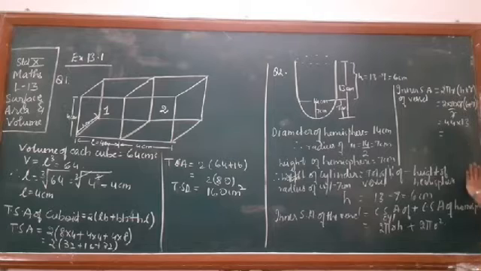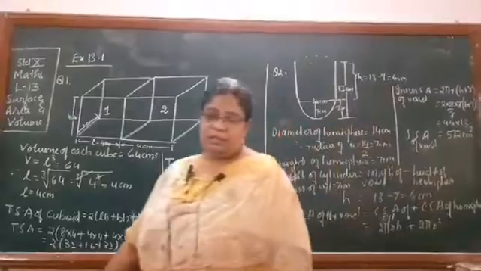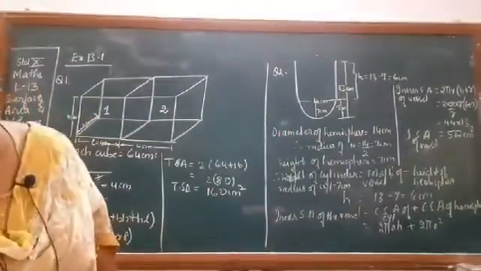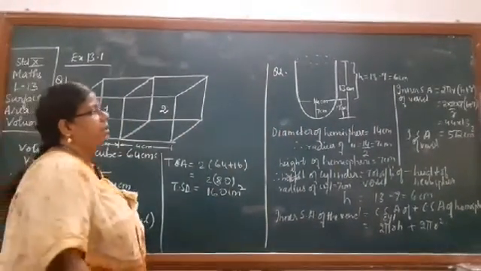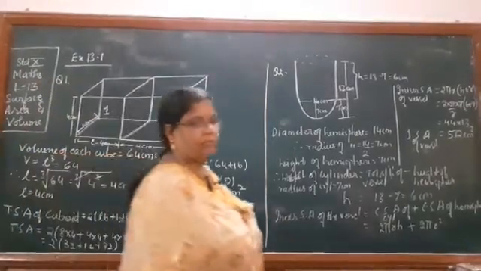So you will get it as 572 centimeter square as the inner surface area of vessel. I hope you follow that. You should get it as 1572 centimeter square. Clear everyone? Okay, copy down.